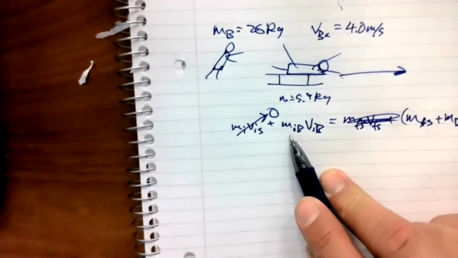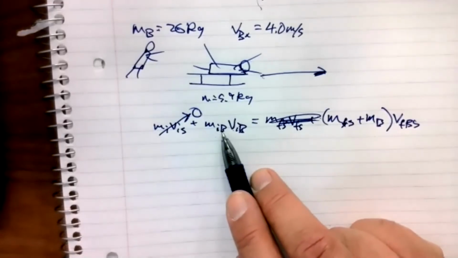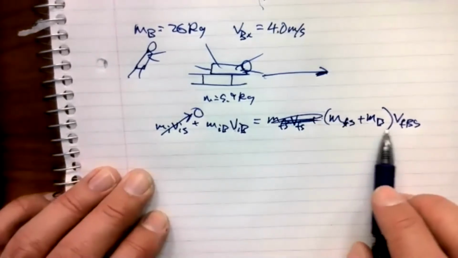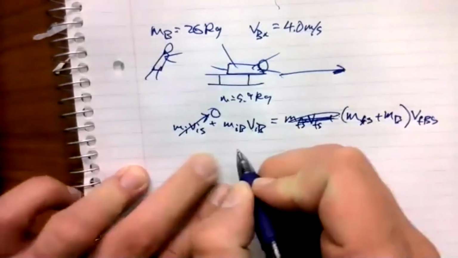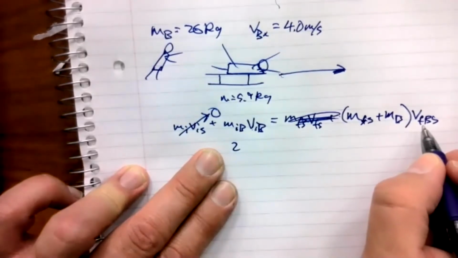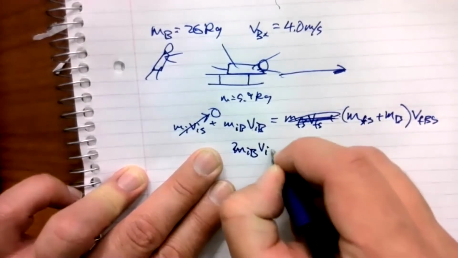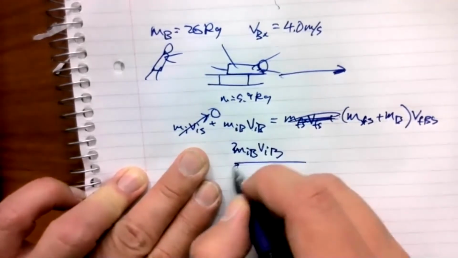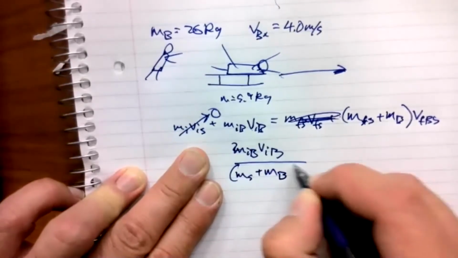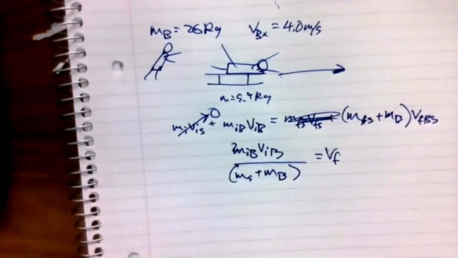And so now we have that the initial mass of the boy times his velocity equals the two masses together times the final velocity. We can solve for this first: M_IB times V_IB divided by the mass of the sled plus the mass of the boy, all equals our final velocity.